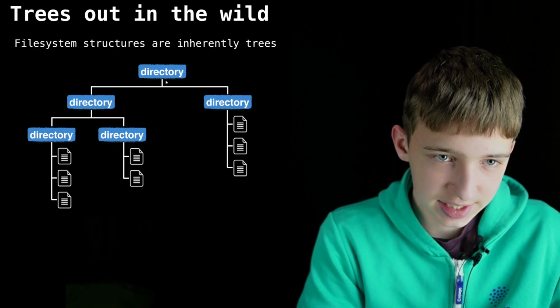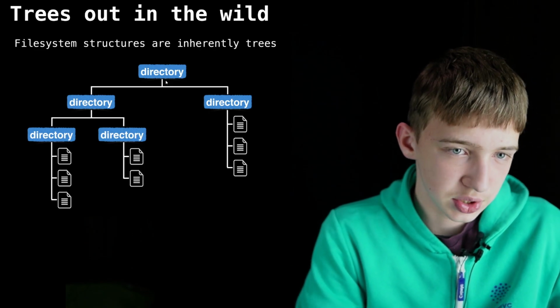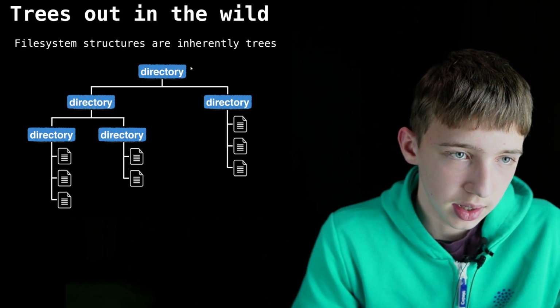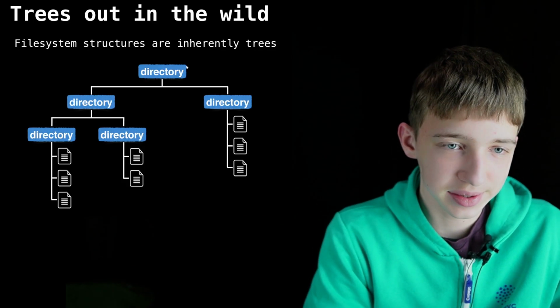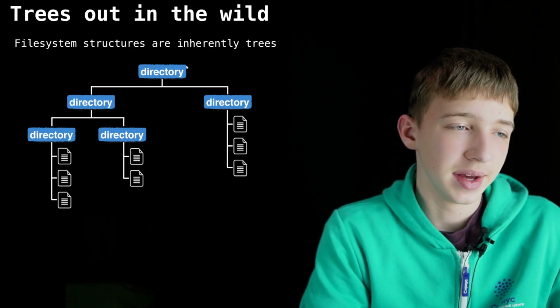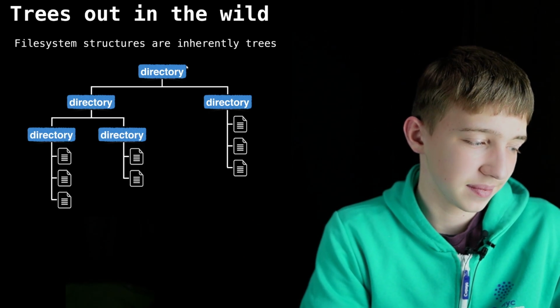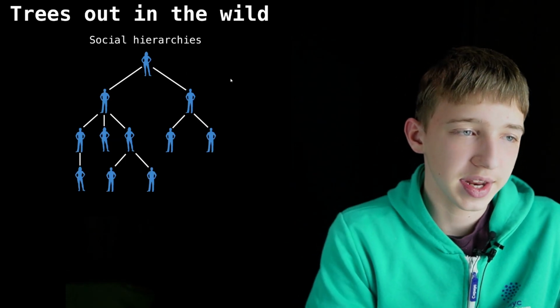It consists of directories, subdirectories, and files. So that is a tree. There might not be any cycles, and the file system might not be disconnected, and that is why that is a tree.